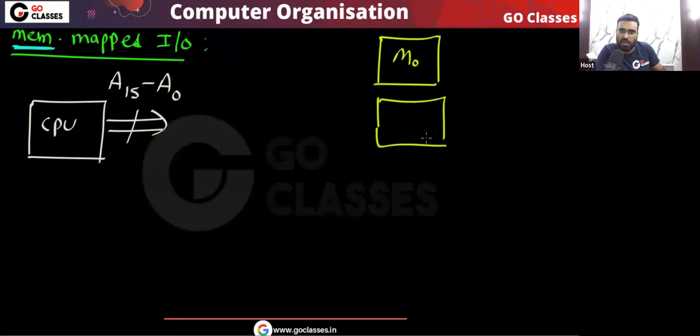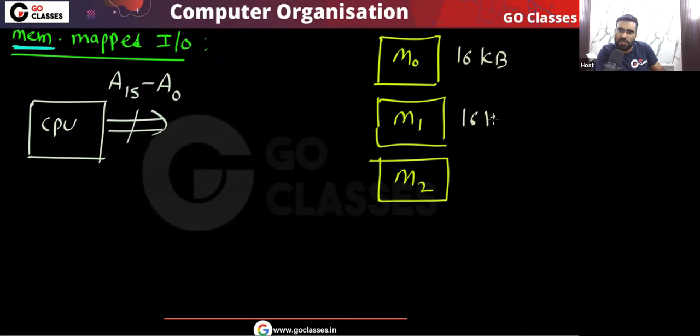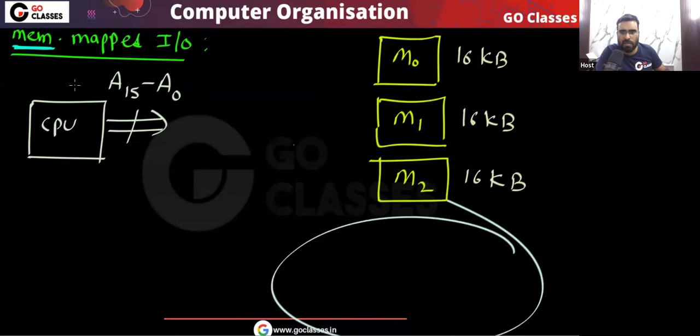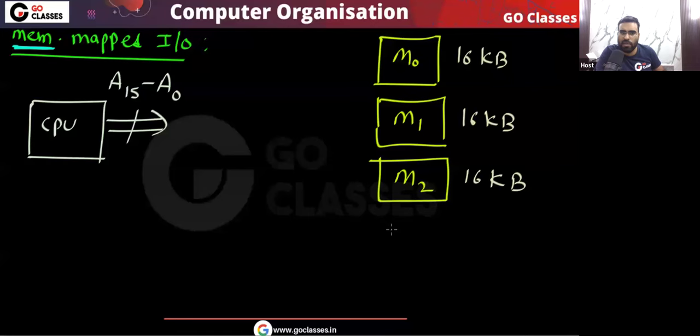So let's assume that you have three main memory modules. This is memory module M0, this is M1, and this is M2. Let's assume each is 16 KB. These are the main memory modules, and what about the remaining addresses?